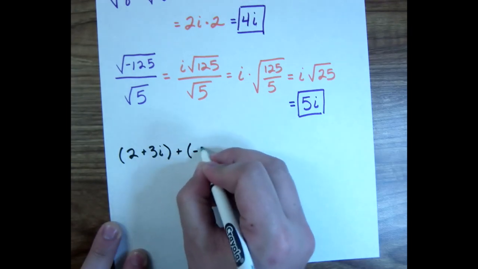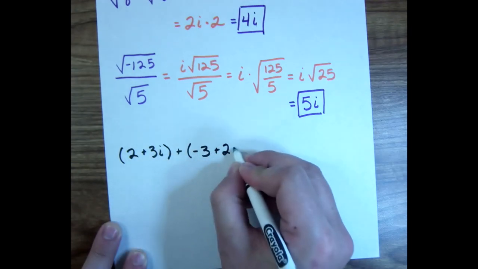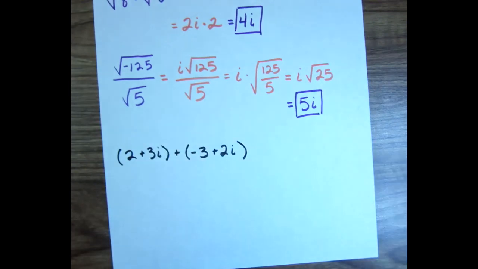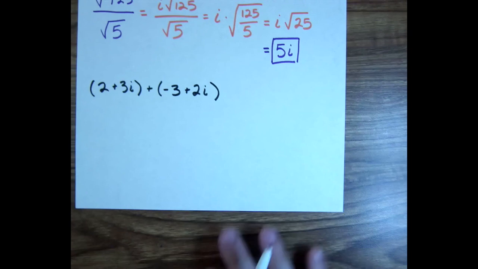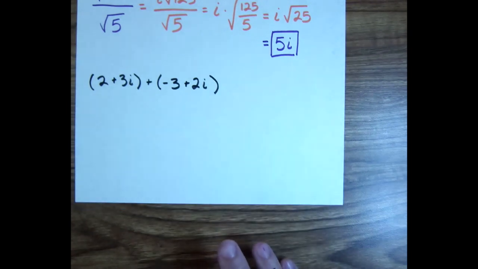All you have to remember is that the i's, even though they're not variables, work like variables in that you can combine real numbers with real numbers, and you can combine complex numbers with complex numbers, and never the two shall meet.